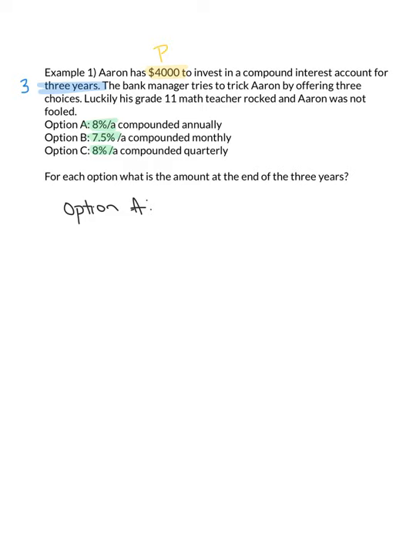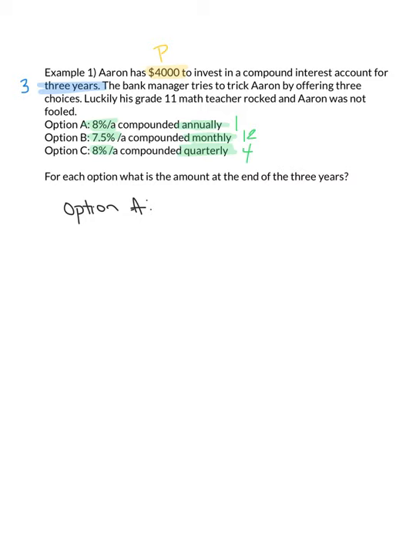Again, notice it has the /A or the per annum, and we're just going to ignore that. And I also have the word here that's going to help me figure out my magic number. So going back here, I have in option A, 8% compounded annually. That means my magic number is 1. Option B is monthly. That means my magic number is 12. And option C is quarterly. So that magic number is 4.